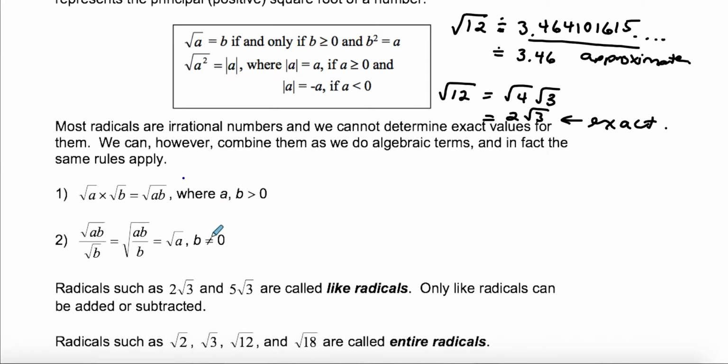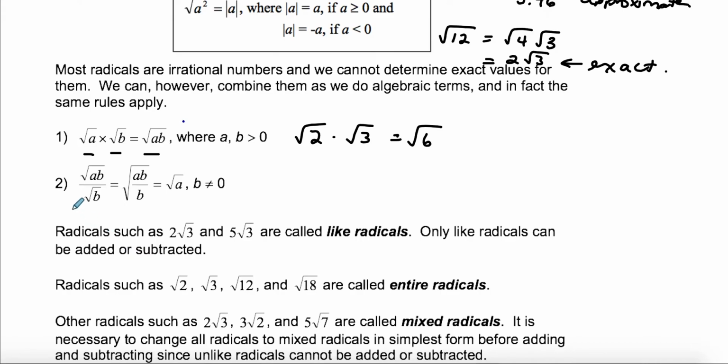So there are a few rules. Most radicals are irrational numbers, and we cannot determine exact values for them. We can combine them as we do algebraic terms, so some rules apply. For example, if we see the square root of a times the square root of b, we can say that is the same thing as the square root of a times b. Okay, so the square root of 2 times the square root of 3 is the same thing as root 6.